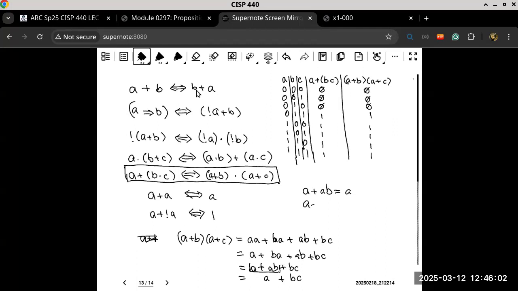A or A is just A. And AB equals BA. There's a bunch of algebra rules that were used in the process that I did not specify.